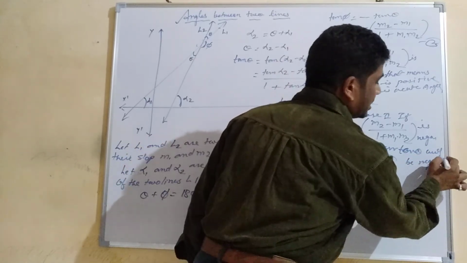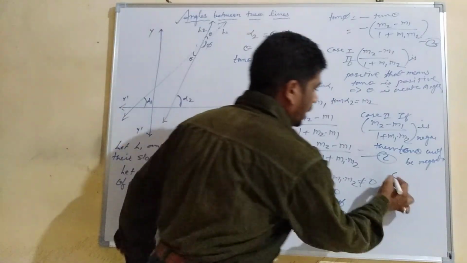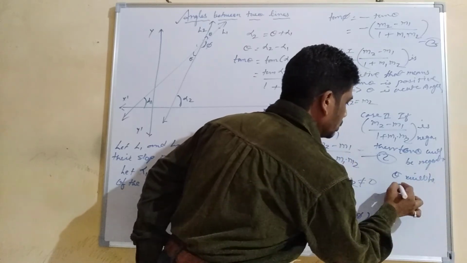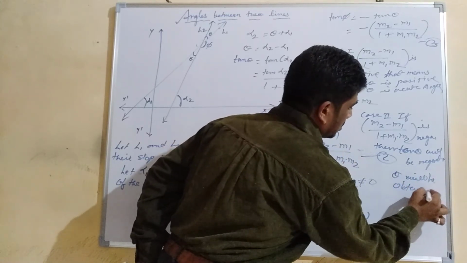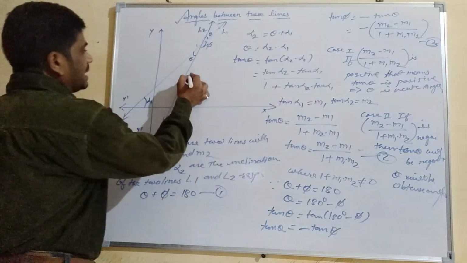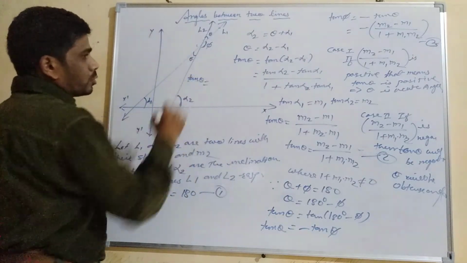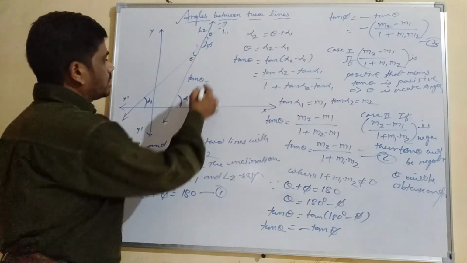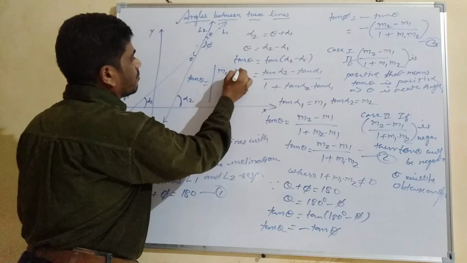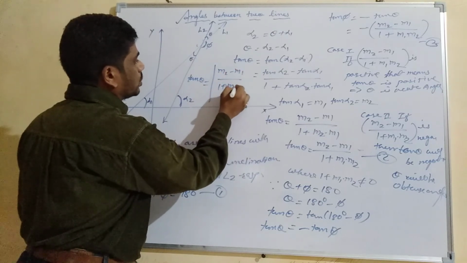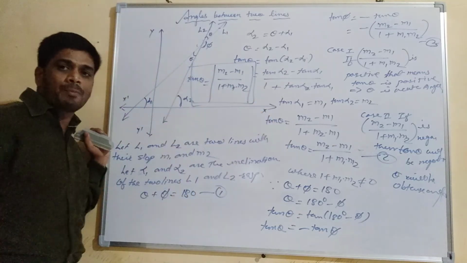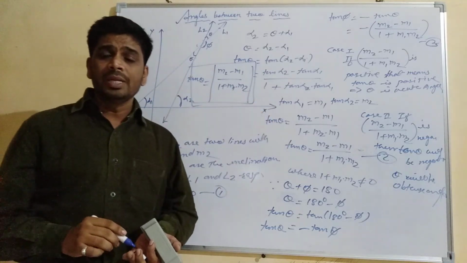And if tan theta is negative, then theta will be an obtuse angle. Simple. So from both cases, the general formula we can write is tan theta equals the modulus of M2 minus M1 upon 1 plus M1 into M2. This will be the general formula for finding the angle between two lines.